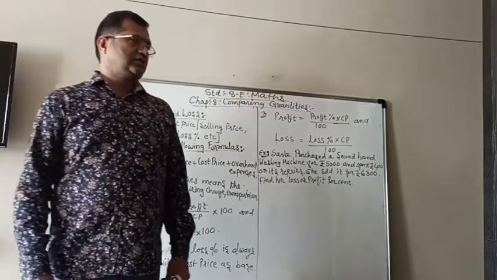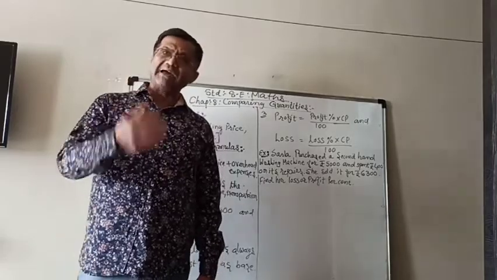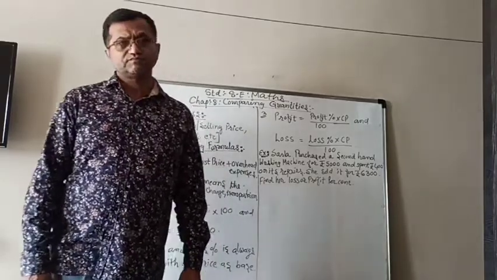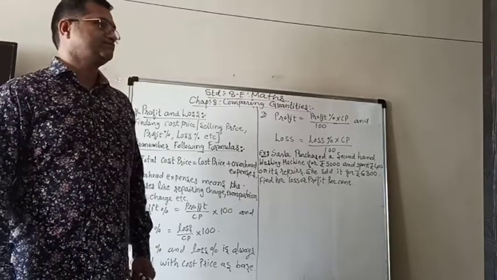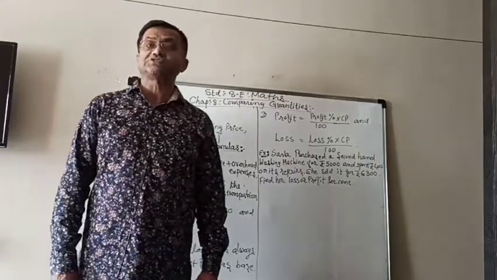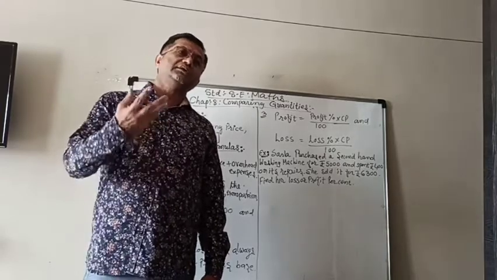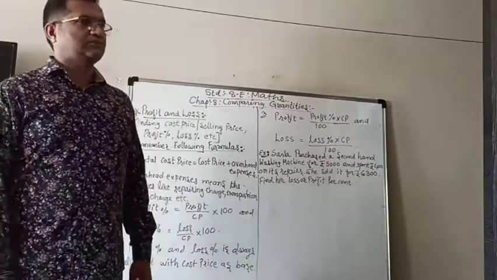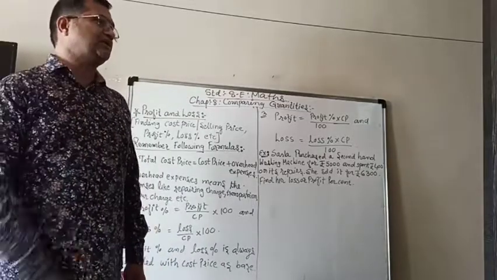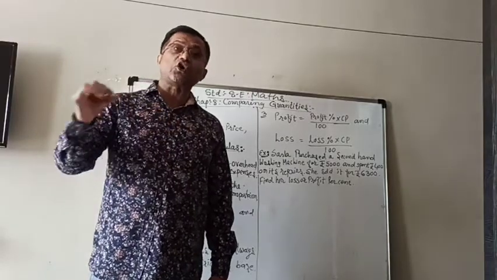We know that a businessman buys some articles, then whatever he pays for that article is known as its cost price. For example, a washing machine may be bought from the company for, say, 20,000. That is called its cost price.